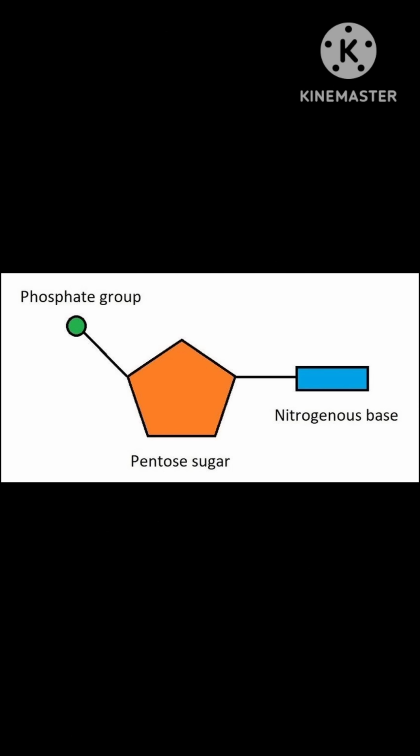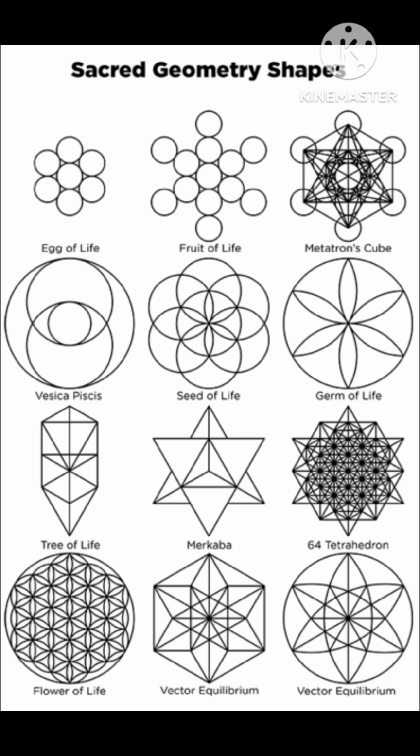And so each DNA molecule or each link in the DNA chain is full of sugars, like a fruit. And this is why in sacred geometry that symbol is called the fruit of life, because it represents the DNA molecule of the universe. And of course, the DNA molecule consists of sugars. So it's the fruit of life.